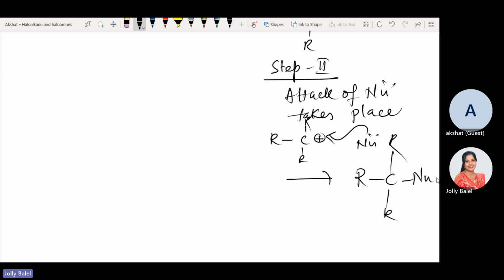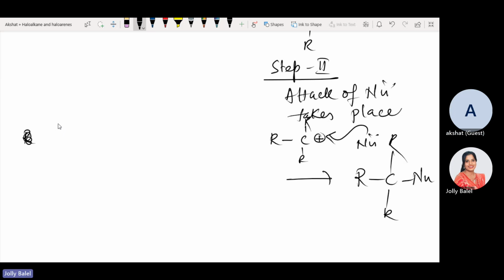Now, one may ask under what condition it will be SN1 and under what condition SN2. SN2 is a single step, SN1 is two steps, but in both processes substitution is taking place.